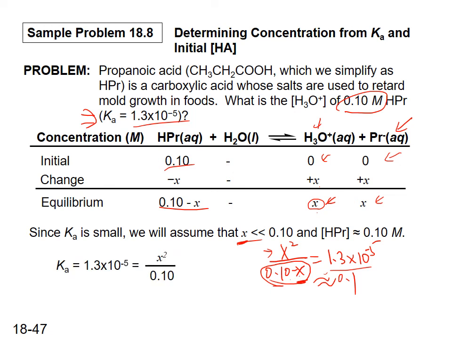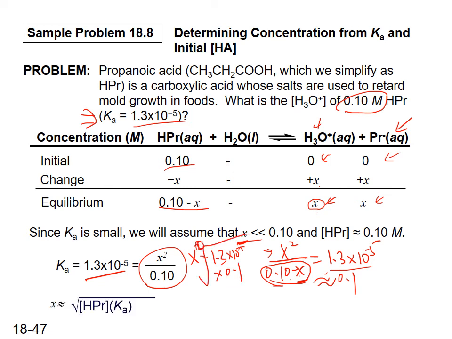So the equation now is X squared divided by 0.1 equals 1.3 times 10 to the minus 5. And that makes calculation much simpler, because now X squared is just 1.3 times 10 to the minus 5 times 0.1. And then X is just the square root of everything.